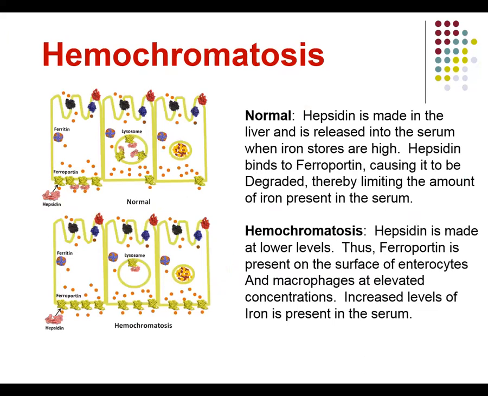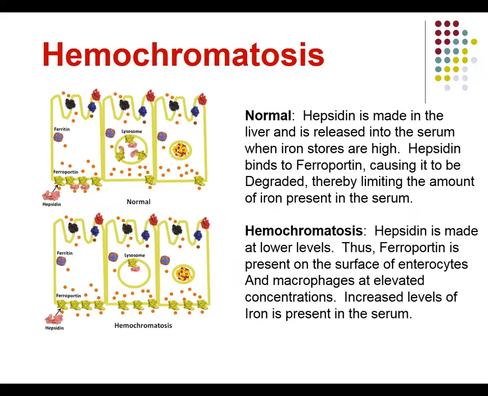Hemochromatosis occurs from a mutation that prevents functional hepcidin from being made. Inactivating mutations can occur in hepcidin that directly alter the structure and function of this hormone. Mutations can also occur in HFE and HJV.